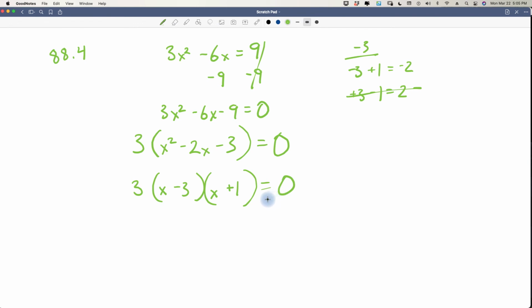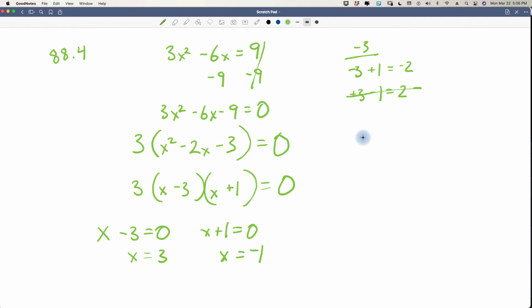We know that's not 0, that's 3. So that doesn't even come into play. We're still going to take what's in the parentheses and make them equal to 0, because 3 times either one of these could be 0, is still 0, right? So these are the only ones we have to work out. X minus 3 equals 0, x equals 3. X plus 1 equals 0, x equals negative 1, right?